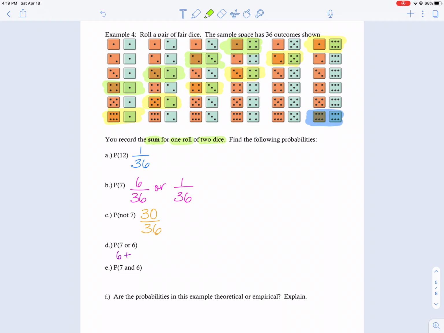Did I miss one? I swear there's another one.